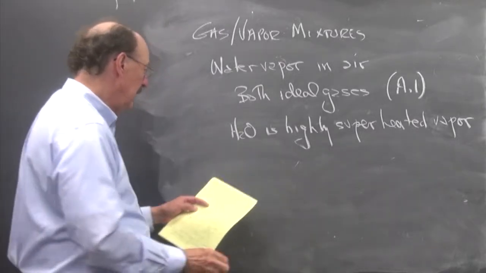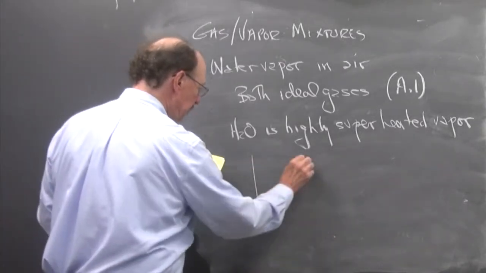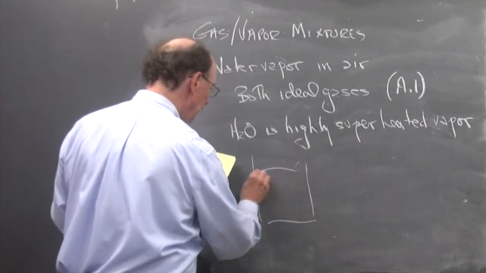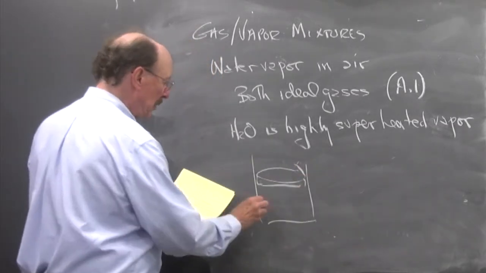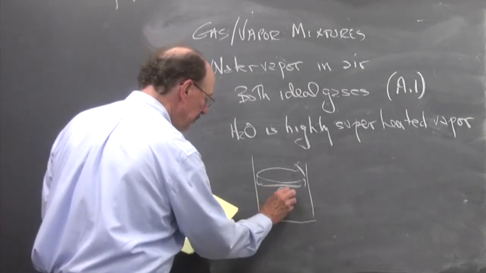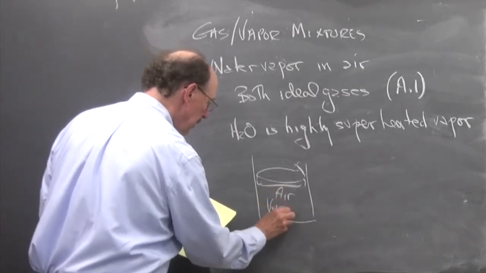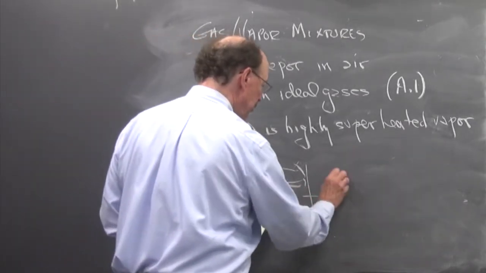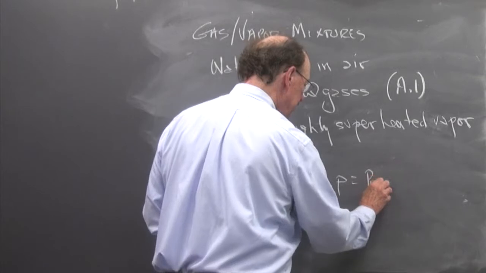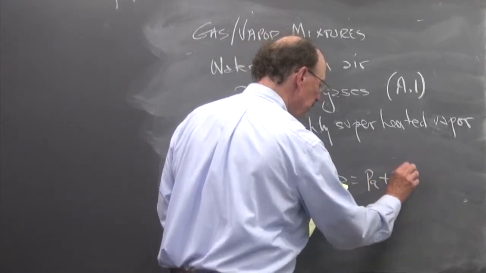So if I'm going to take a piston cylinder, and I'm going to have my air vapor mixture in here, I know that the total pressure P is equal to the pressure of the air plus the pressure of the water vapor.